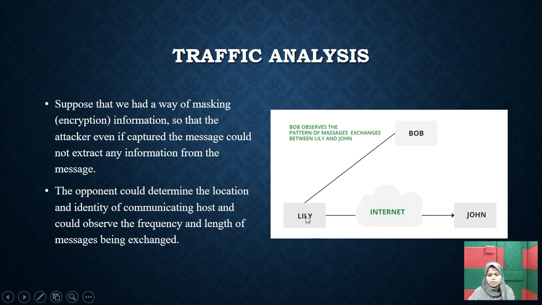Even though they are communicating via an encrypted channel, Bob will use those messages not to understand what they are communicating, but he can find out the locations of the sender and the receiver, the pattern of the messages, the identity, or some other data, right? Which is not good.